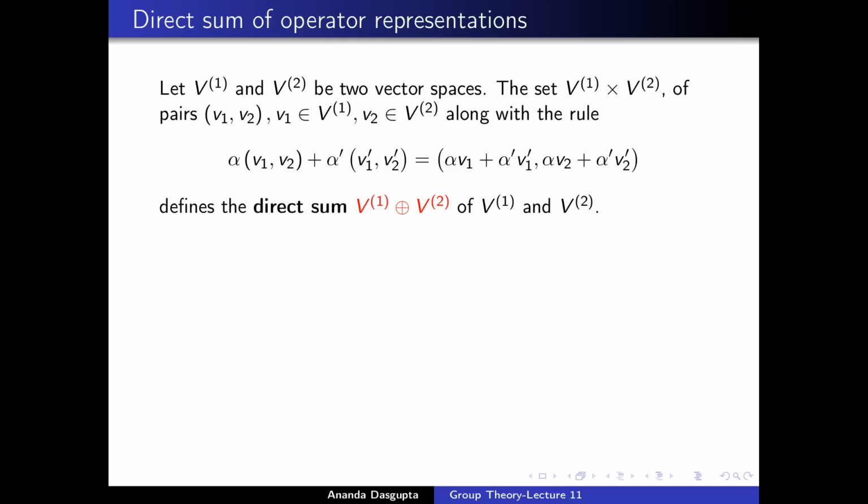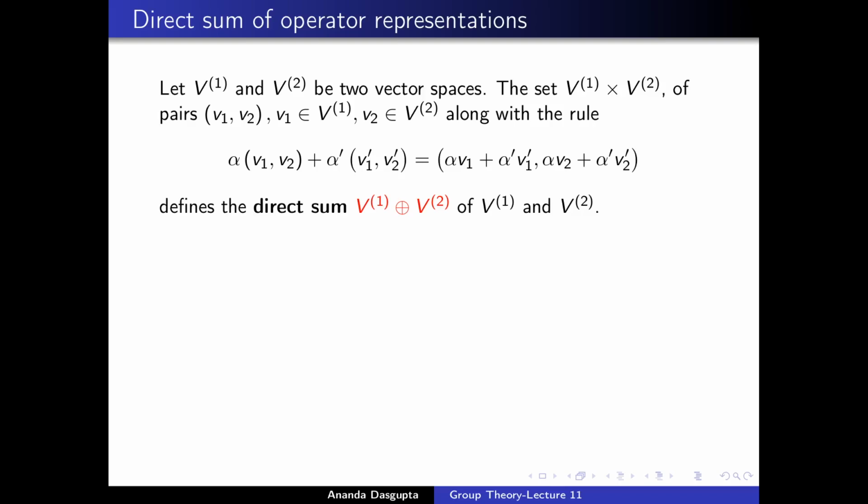And the way in which we linearly combine two vectors, the pair (v1, v2), with the pair (v1 prime, v2 prime), with coefficients alpha and alpha prime taken from the scalars, is simply we form alpha v1 plus alpha prime v1 prime, which of course is a genuine vector in capital V1, and the vector alpha v2 plus alpha prime v2 prime in capital V2, and put them together in a pair.